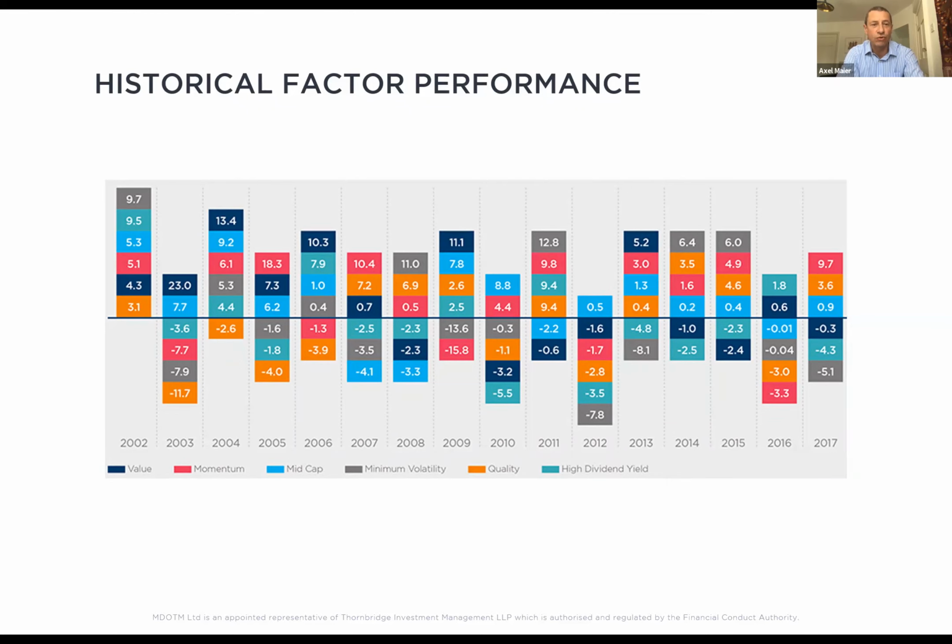And I think that's very crucial. And so I think we all have seen this kind of chart, how certain factors have developed in the last 18 years or so.